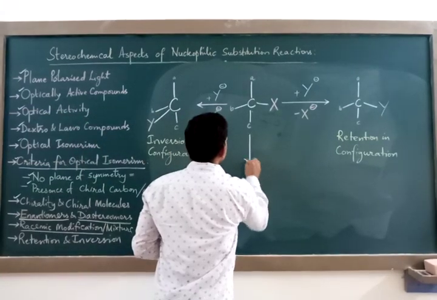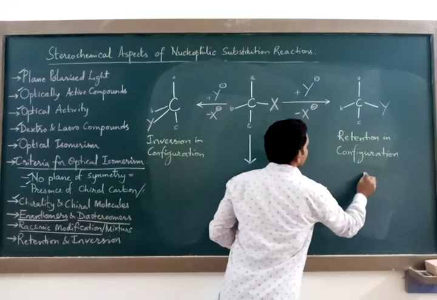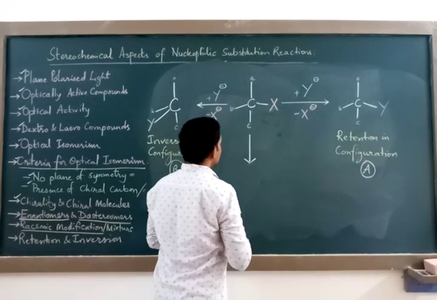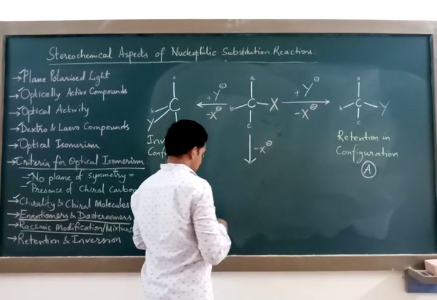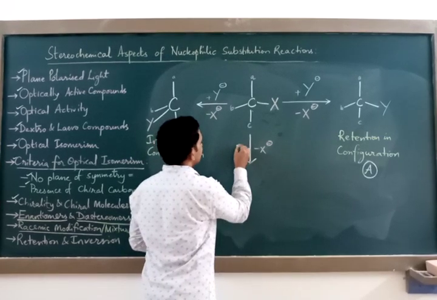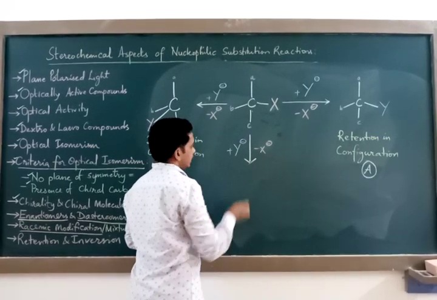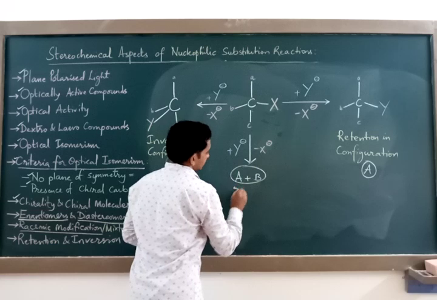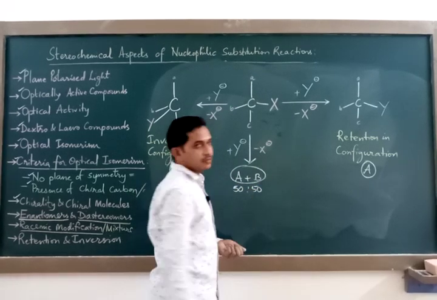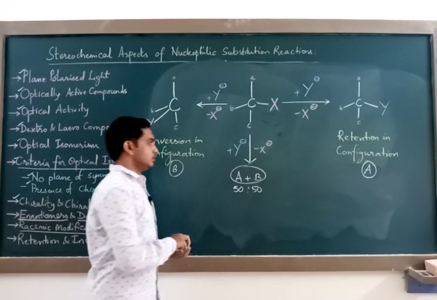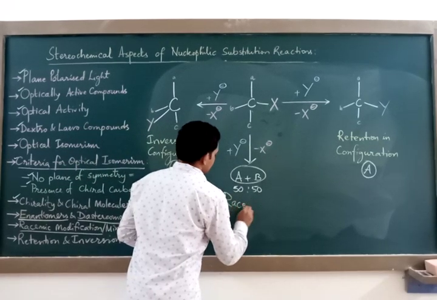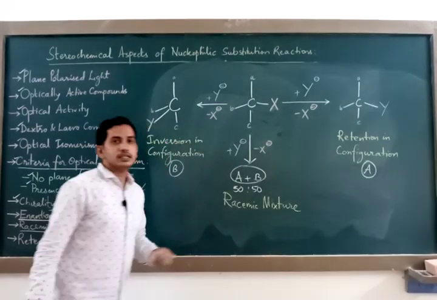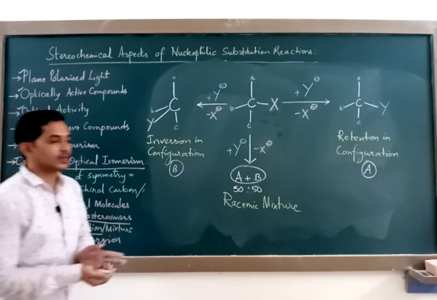The third possibility is that, let us say this is product A and this is product B. In the third case, if you are removing X and substituting it by Y, and you get both the products A and B in the ratio 50-50, then we call this a racemic mixture. So what is retention?